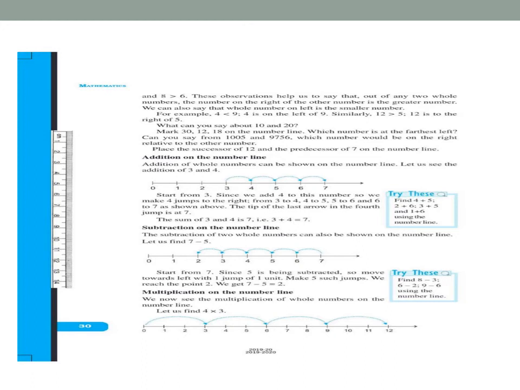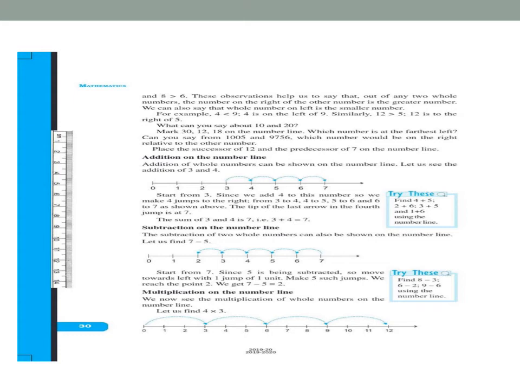Yes, exactly, it is 7. You can try with other numbers also. Find 4 plus 5 on a number line, 2 plus 6, 3 plus 5 and 1 plus 6 on a number line. Okay, so this is your work. You have to do this job. Yes, children, you can do it now. Hope it is clear to you.